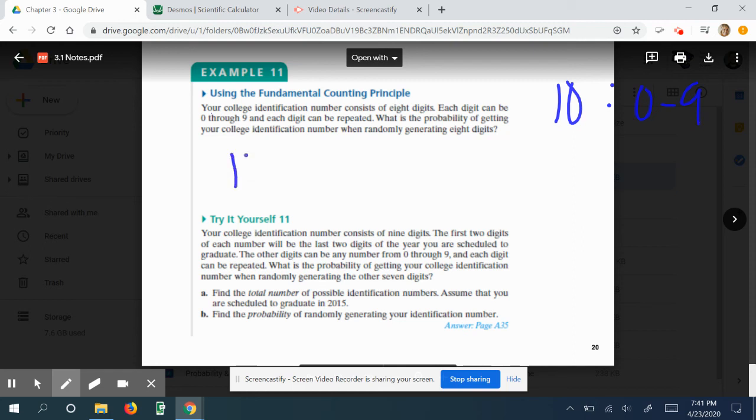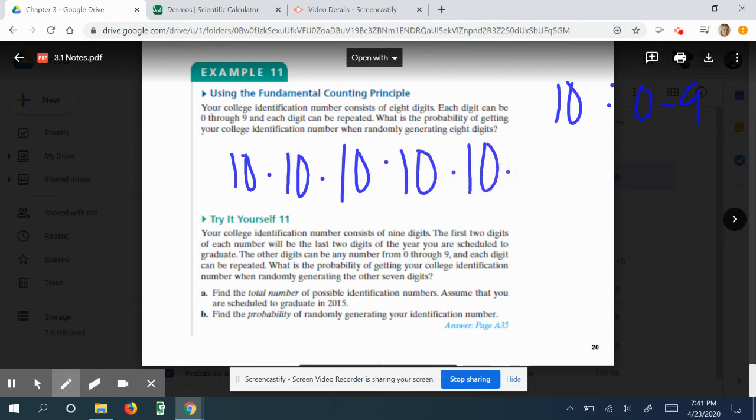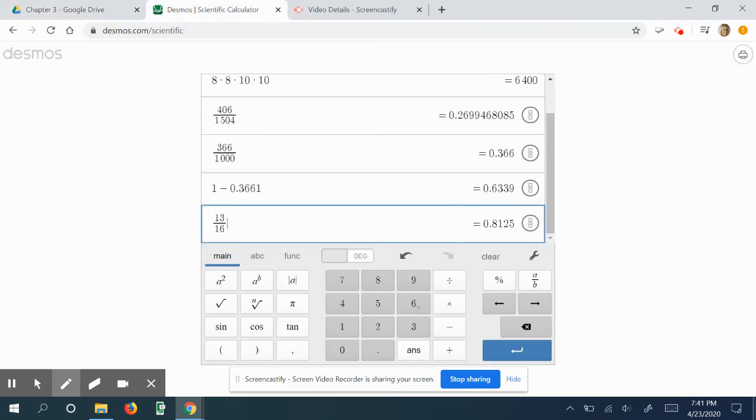Okay. So the first digit can be 10. Second is 10. Third is 10. Fourth is going to be 10. Fifth is going to be 10. Sixth is going to be 10. Seventh is going to be 10. Eighth is going to be 10, which another way we could do is just 10 to the 8th power, right? And so I'll go to my calculator and I'll do that.